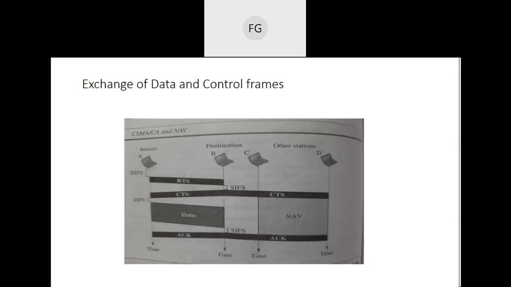In such a case, the sender assumes that there is a collision if it has not received the CTS frame from the receiver. The backoff strategy is employed here, and the sender will try to send the data again.